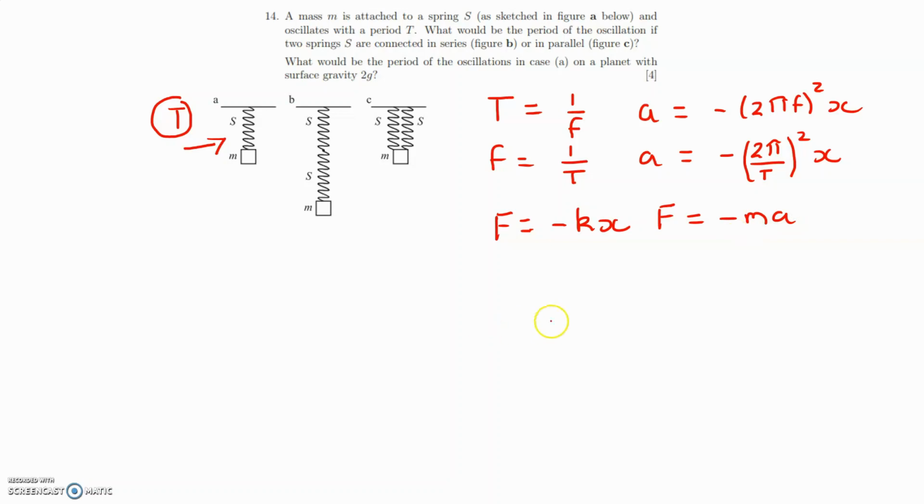So if we put these two terms equal to each other, because they both give us the restoring force, then the acceleration will be given by minus kx over m. Now we've got two expressions for acceleration, expression 1 here and expression 2 there. So we're just going to put them equal to each other.